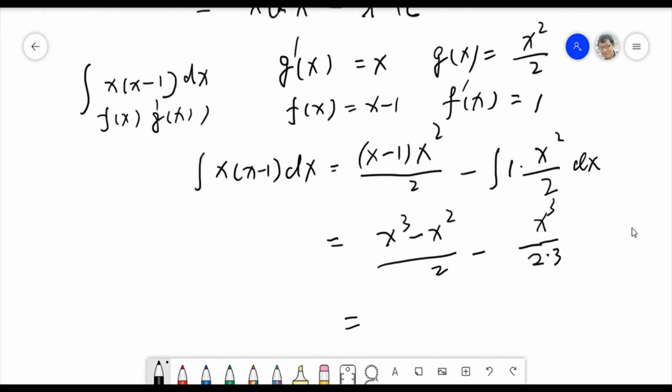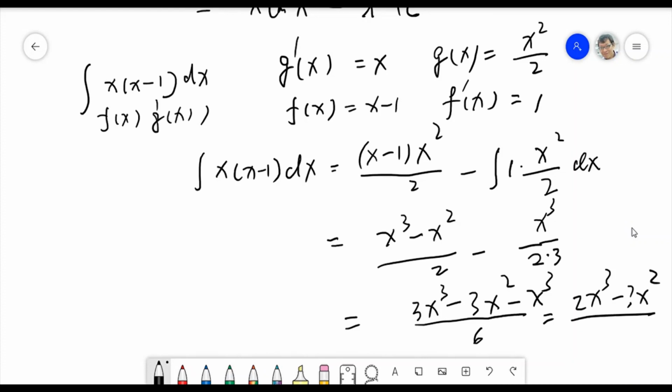The common denominator will be 6. So 3x cubed minus 3x squared, then minus x cubed. So it's only 2x cubed minus 3x squared over 6. This is the final answer.